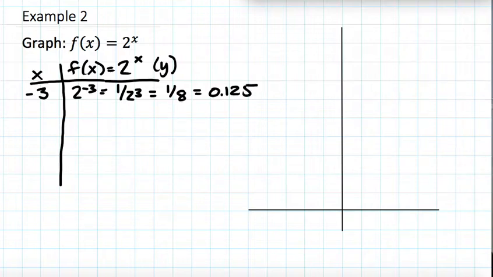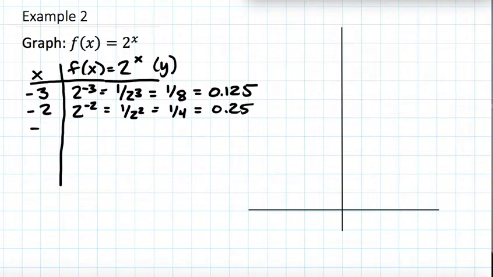With graphing, it's usually easier to work with decimals than fractions, so I'm going to write the decimal equivalents. You can also get all of these on your calculator. If I plug in -2, I get 1/4. Plugging in -1 gives me 1/2 to the first, which is 1/2, 0.5.